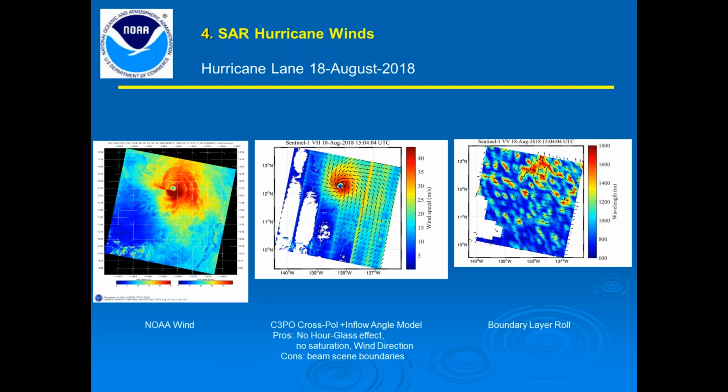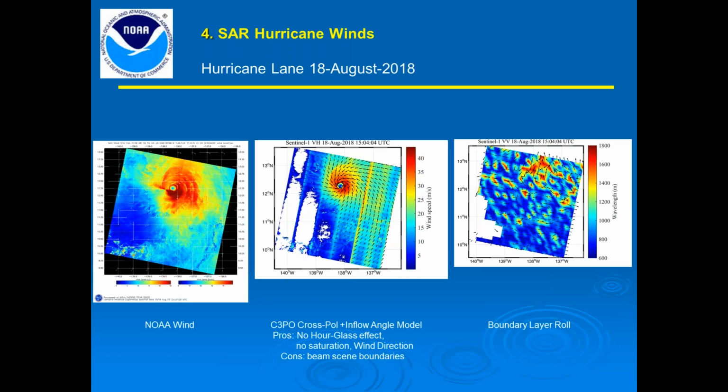On the left-hand side, this one was acquired on August 18th, using the regular NOAA wind process with the CMOD. For example, you get the Sentinel data from ESA, all coming freely, and then Chris sends those images into the processing line, and it gets processed automatically and comes out with this very nice image.